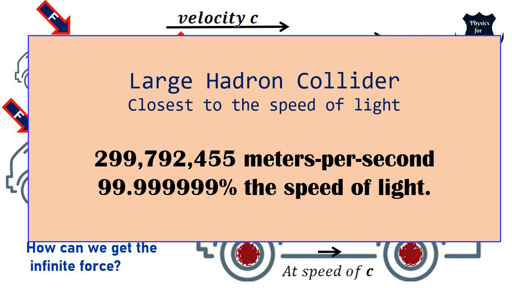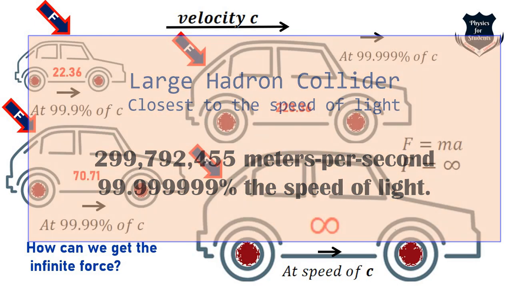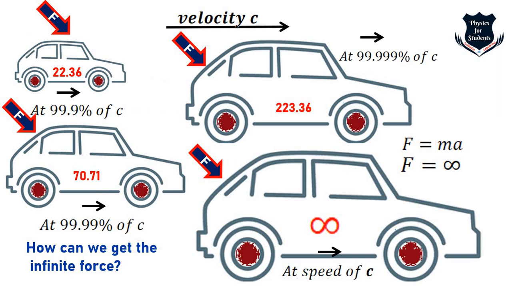Precisely, we can never reach the speed of light in vacuum. That is the ultimate speed limit for massive particles, and it is the speed of all massless particles. So this is a nice example that because we are unable to get this force which is becoming infinite, it proves that we cannot get close to the speed of light.